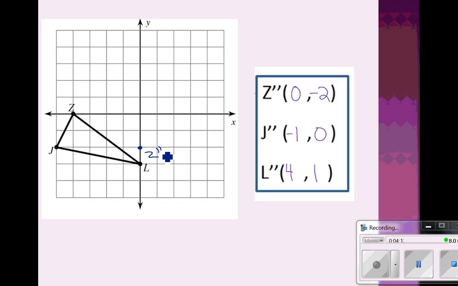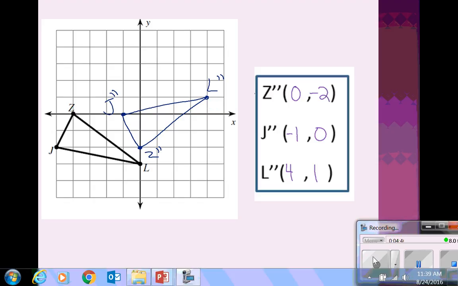J prime prime is -1, to the left -1, and nowhere from there. J prime prime, and then L prime prime 4. 1, 2, 3, 4, up 1. L prime prime. Connect my points, and that would be my final image.